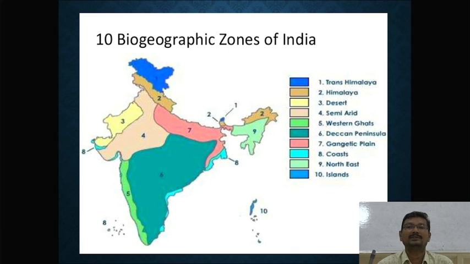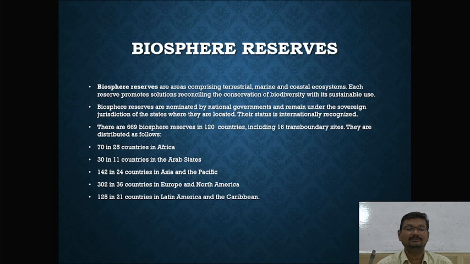Biogeographic zones. Now we have 10 biogeographic zones in India: Trans-Himalayan, Himalayan, desert, semi-arid, Western Ghats, Deccan Peninsula, Gangetic Plain, coast, north-east, islands.